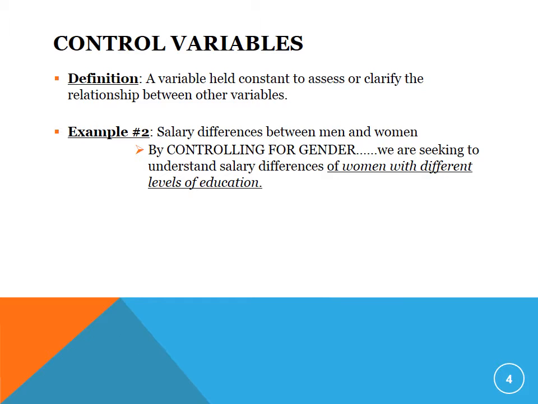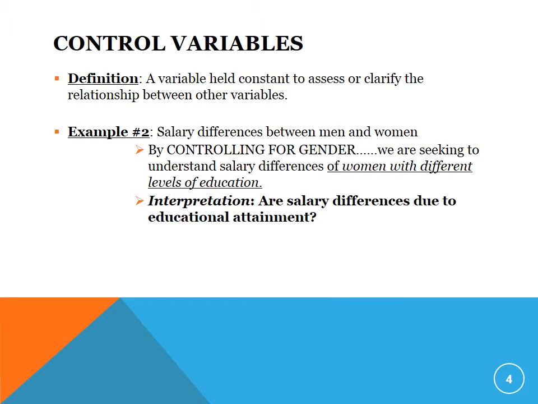So another example here. Again, we're looking at the three variables: gender, education, and salary. But now we're controlling for gender. So we're seeking to understand salary differences of just one gender. In this case, we're saying women. With different levels of education. So now we're not wanting to know what the gender differences are. We're wanting to know what the difference would be based on education, right?